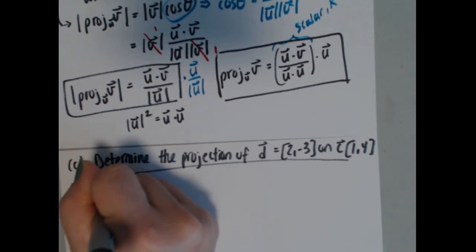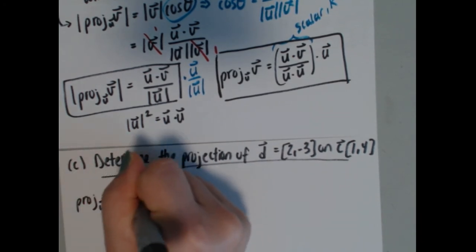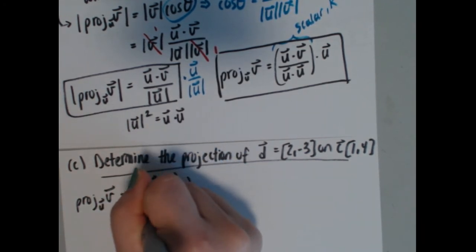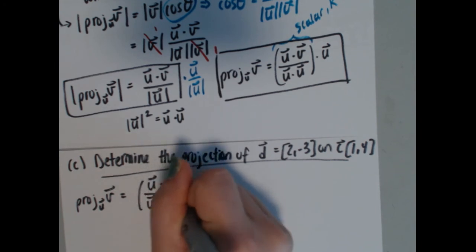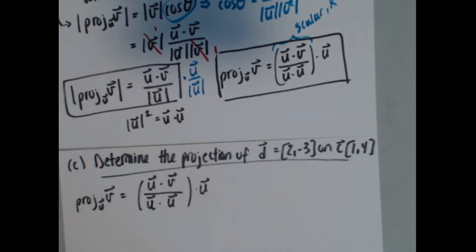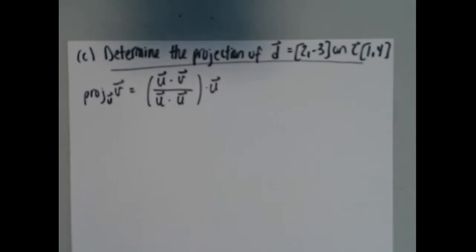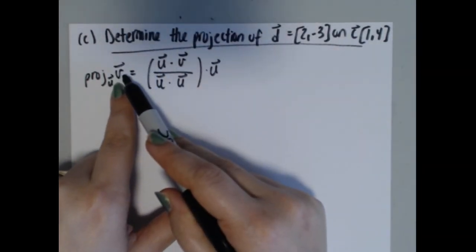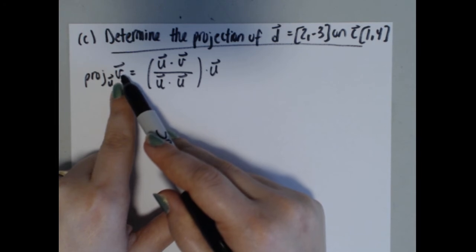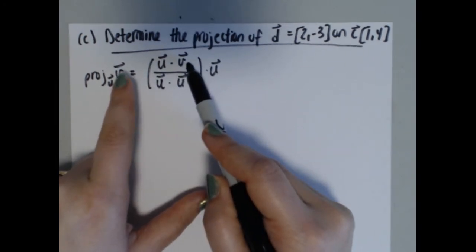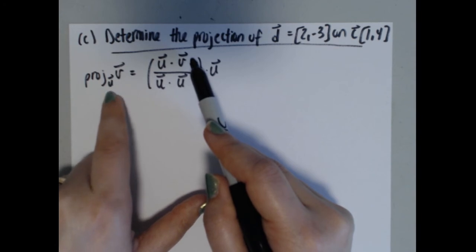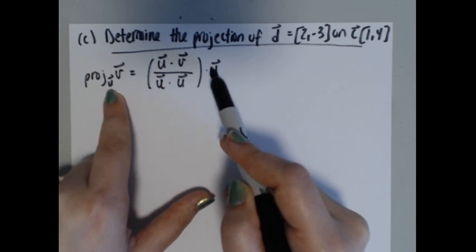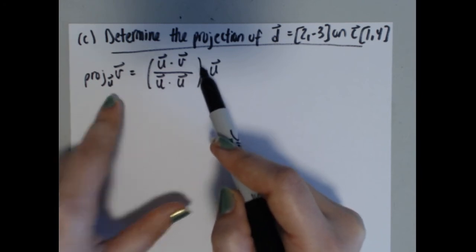So projection of V onto U is equal to, bracket, U dot V over U dot U times U. Okay, so the reason why I wanted you to do that is so that you notice, well, whatever vector you have here as the main vector, this only appears once in the formula. So V only appears here. U, the vector that it's getting projected onto, appears 1, 2, 3, 4 times. Okay, so this way you know where you have to place everything.